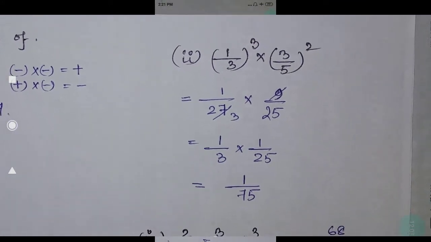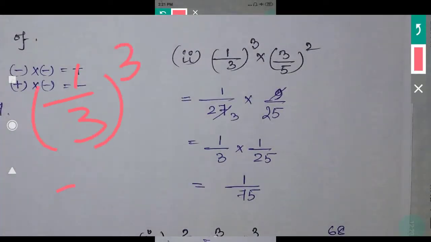Here it is given (1 by 3) power cube into (3 by 5) power square. So (1 by 3) power cube, I can write it like this: 1 cube by 3 cube. 1 cube means 1 only, and 3 cube means how much? 27. So this will be equal to 1 by 27.